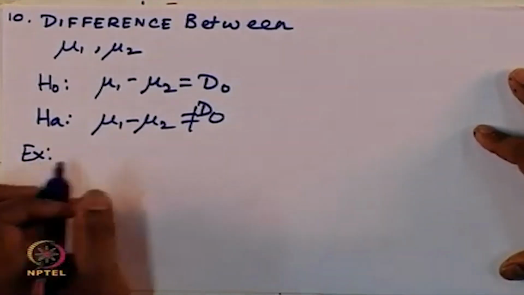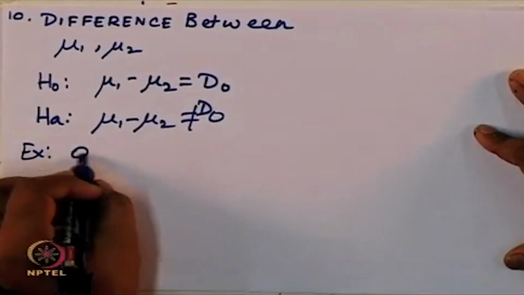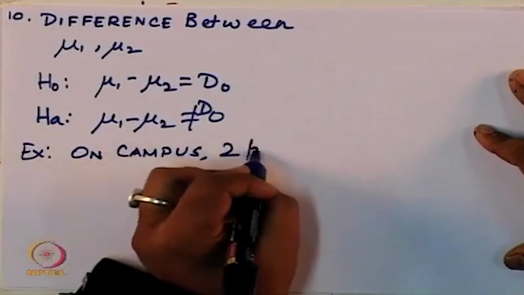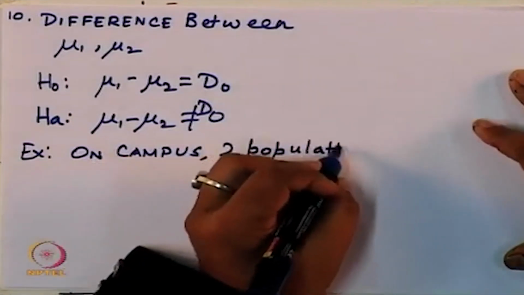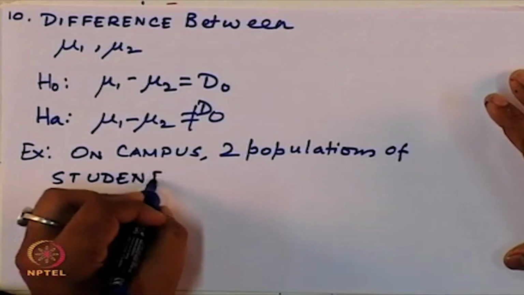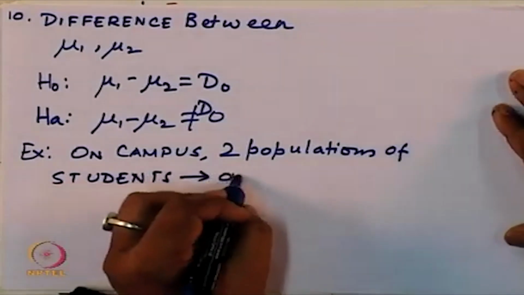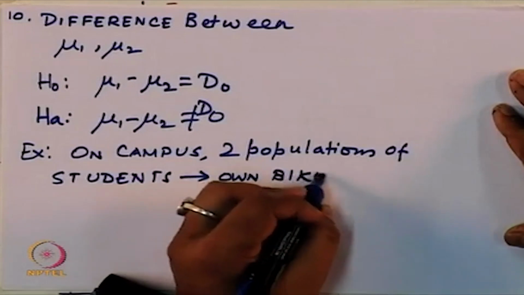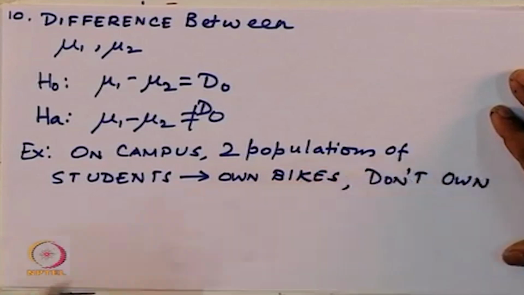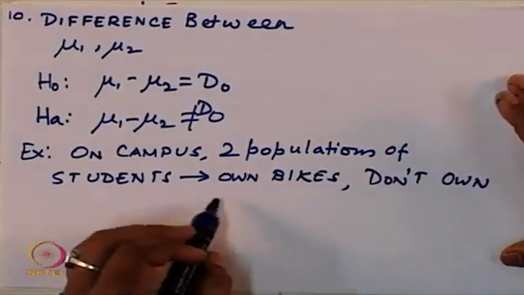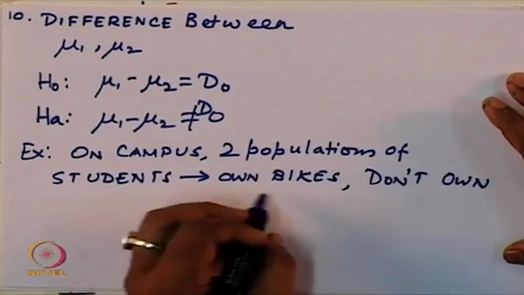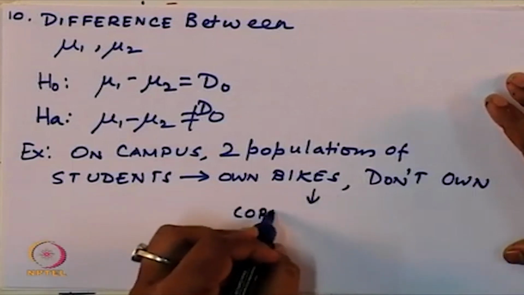Imagine you want to test, on campus, two populations of students: those who own bicycles or bikes and those who don't. Your agenda is to see whether there is any correlation with academic performance.